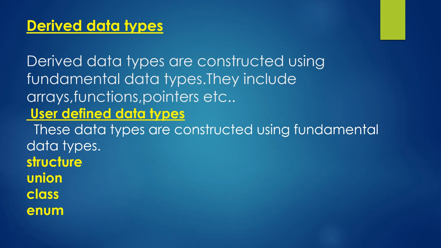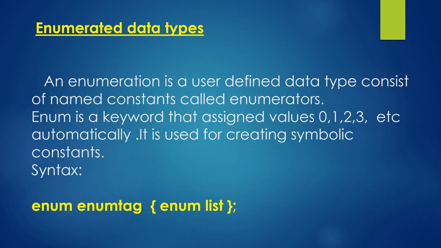Now we can discuss the user-defined data type enum. Enum means enumerated data type. This enumerated data type is used to define symbolic constants. We have already learned one method to define a symbolic constant.